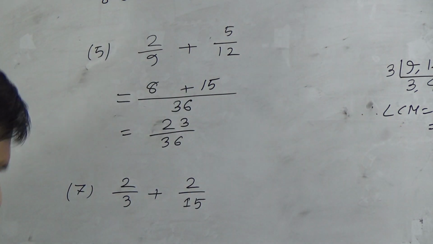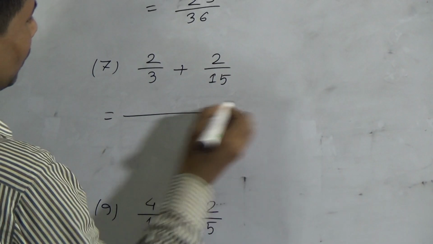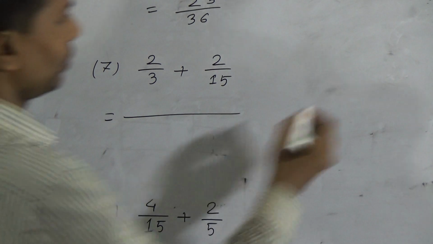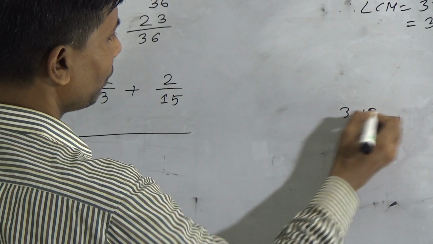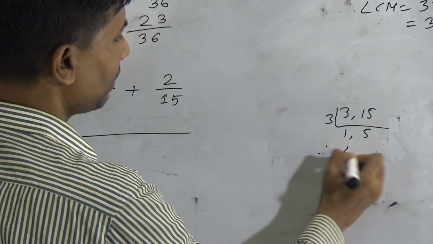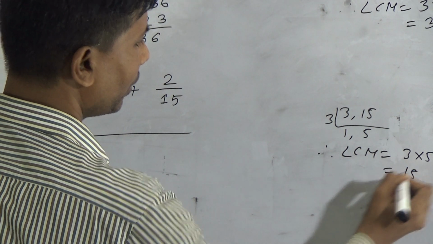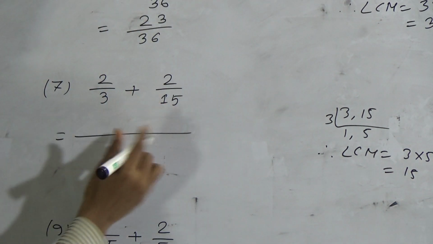Now see question number 7. 3 and 5. Look, 3 and 15. Here 3, 5. Therefore LCM is what? 3 into 5. This is equal to what? 15. Therefore LCM of 3 and 15 is 15.